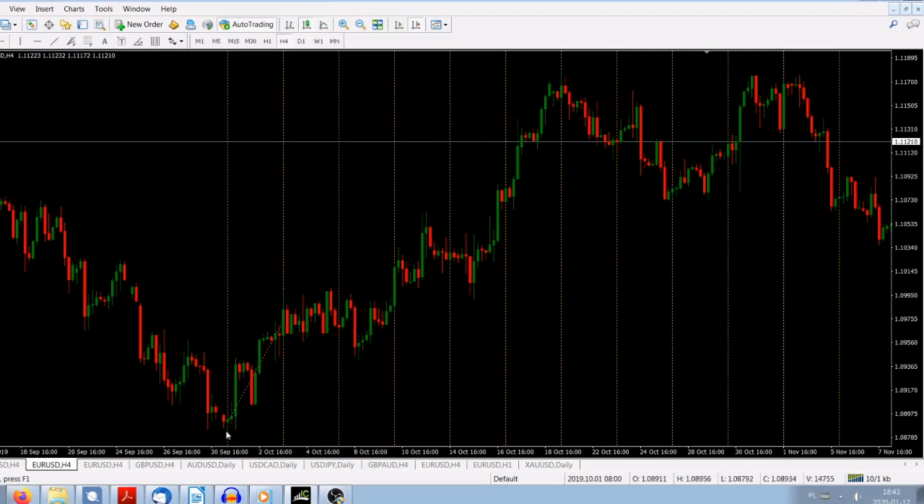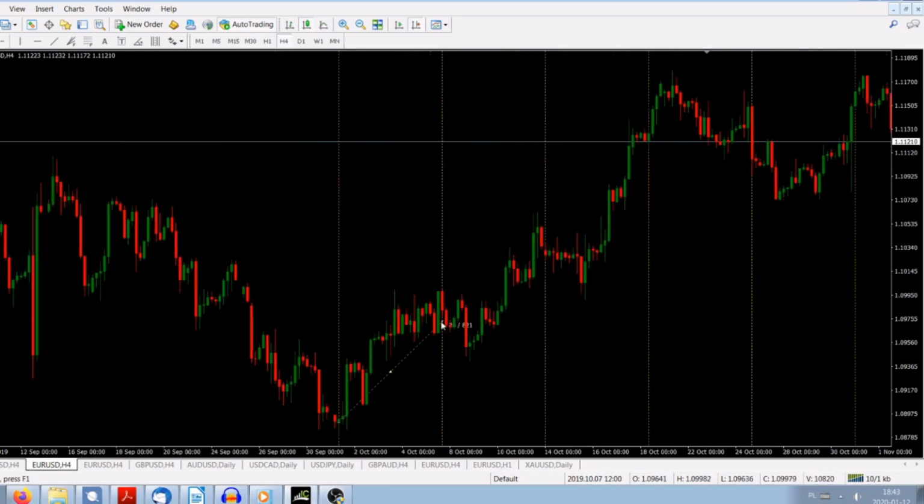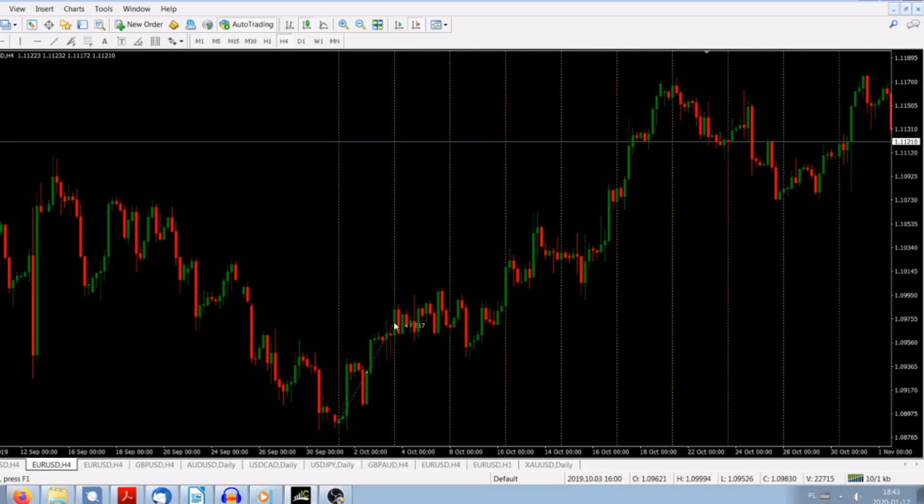So point 0 is right here in the bottom, and point 1 is just where the first leg of the trend stopped. So we got a couple of candles, 1, 2, 3, 4, 5, 6, 7, 8, 9, 10, 11, 12, 13 candles. Fibonacci number 13. Whatever, it's another story.